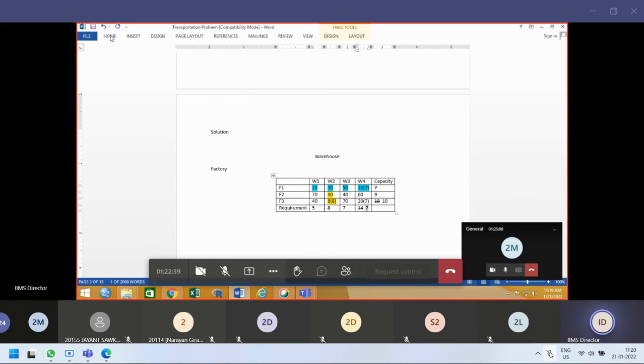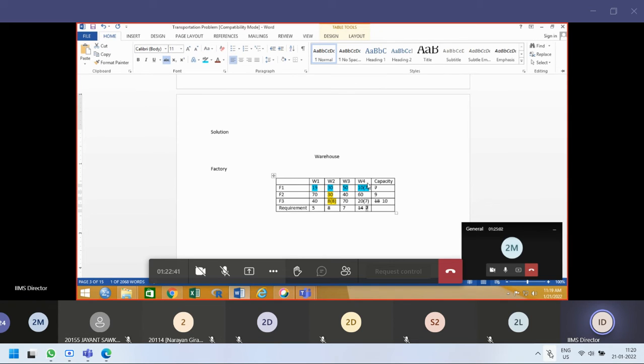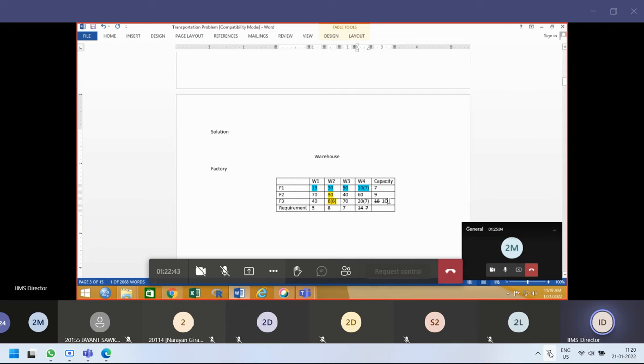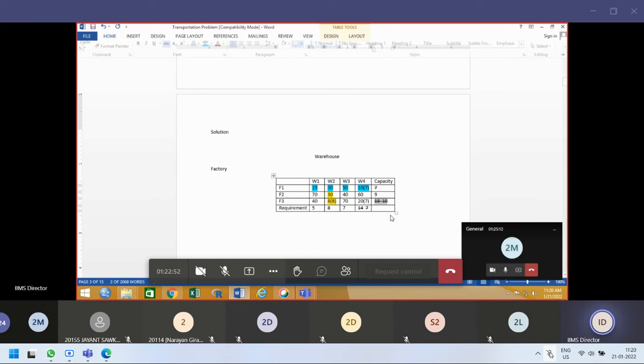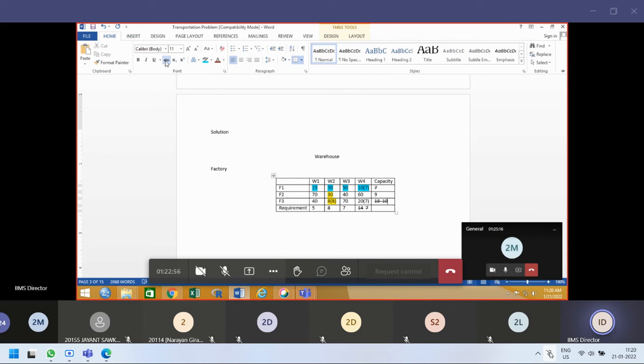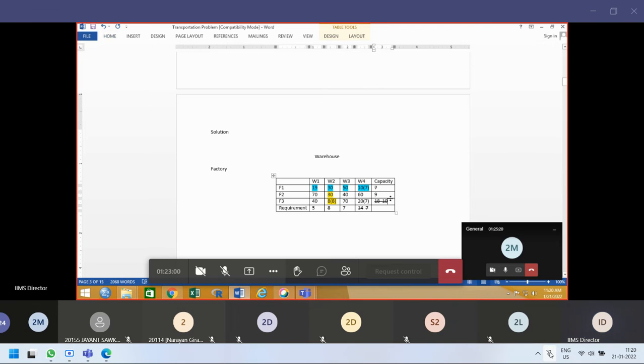Out of 10, how much is allocated there? 7. So how much is remaining here? 3. Right. Now this is completely blocked, right?